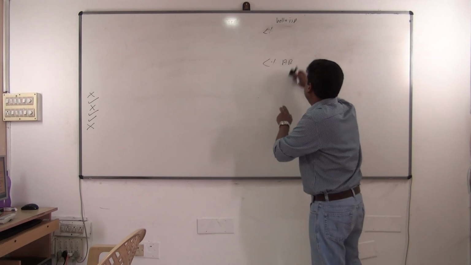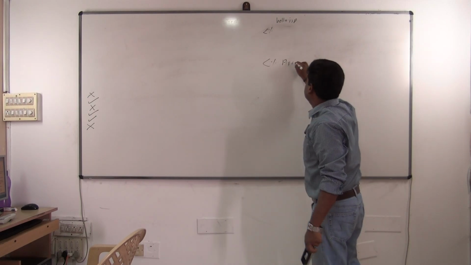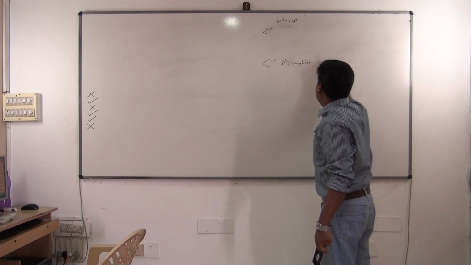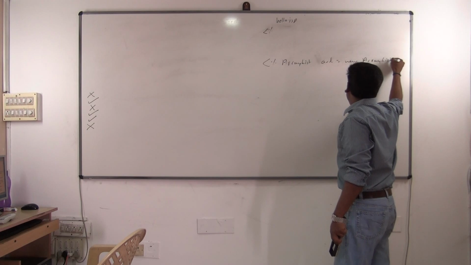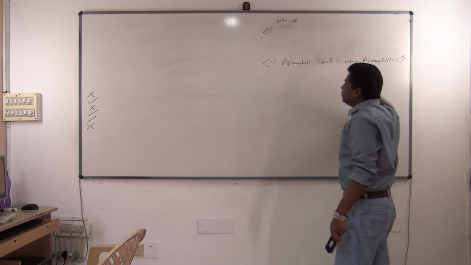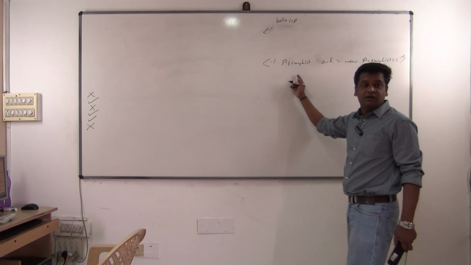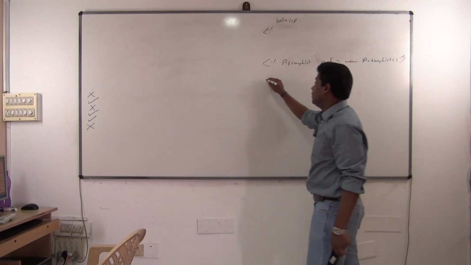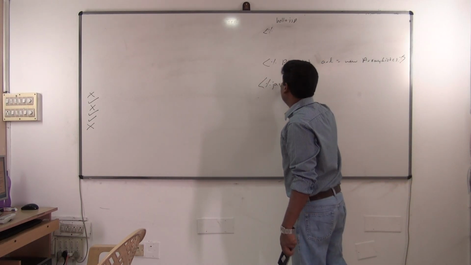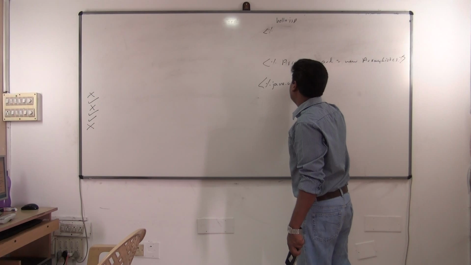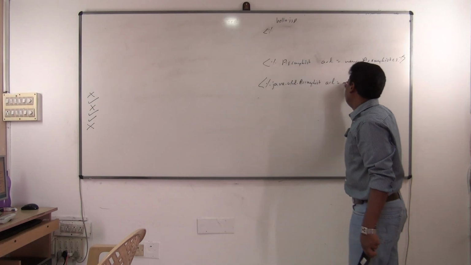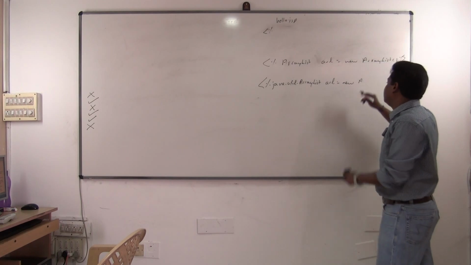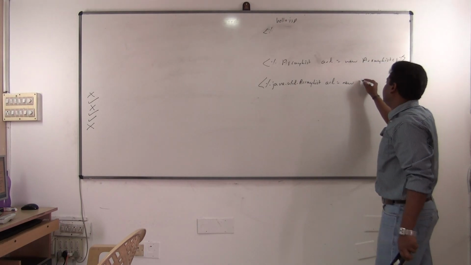ArrayList. ARL is equal to new ArrayList. So one option is you write the code like this, simple, with the simple class name. The other option is you have to use the fully qualified class name. You know when to use a fully qualified class name, right? When you don't do import, obviously you have to use fully qualified class names.